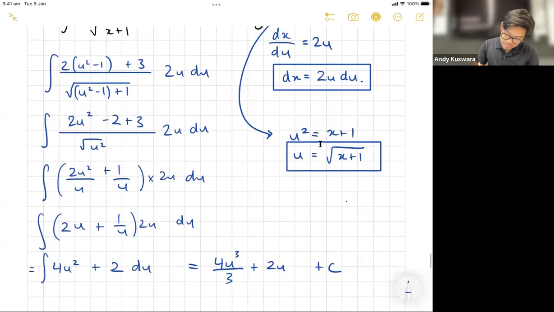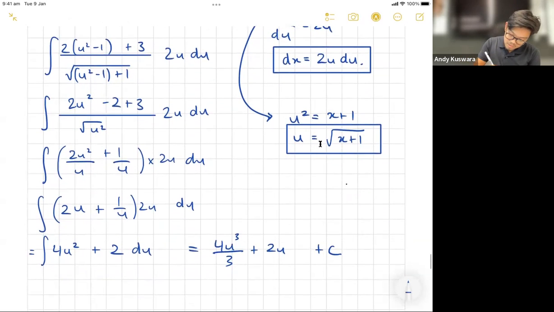Okay, so now that we've got that, we just put everything back in. So it should be 4 on 3, and instead of u, I'm going to write x plus 1 to the half. So it's going to be to 3 on 2, because it's going to be square rooted, but to the power of 3.